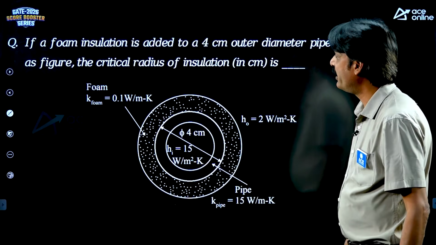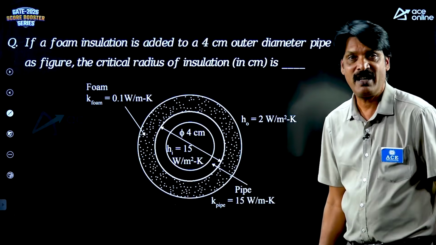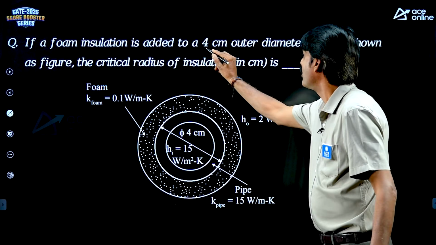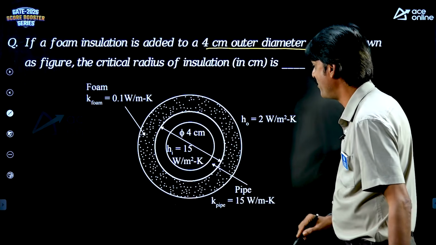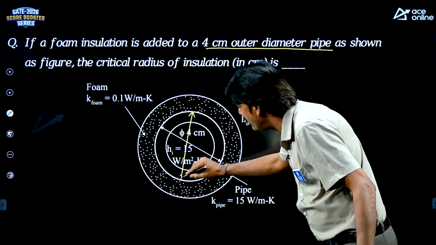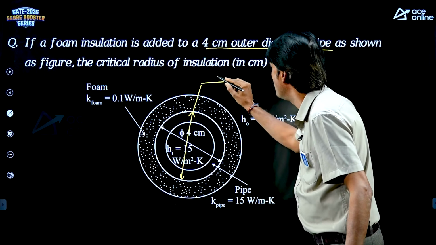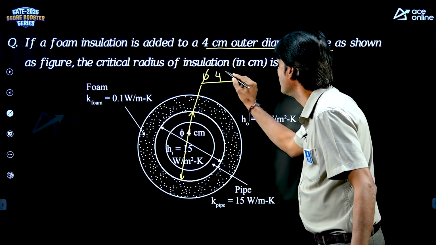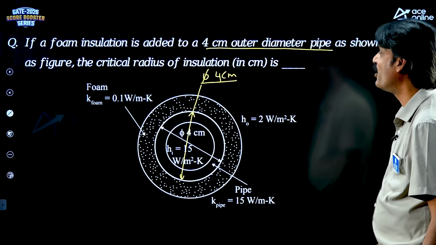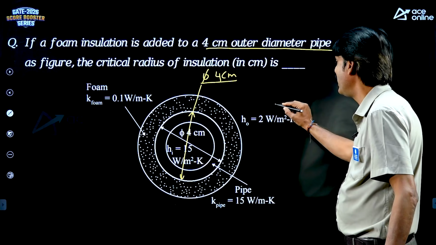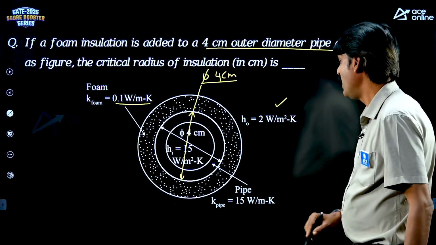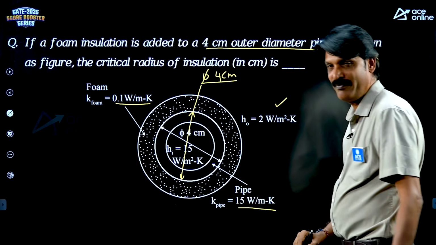My second question is like this: a foam insulation is added to a 4 centimeter outer diameter pipe, as shown in the figure. The critical radius of insulation is asked, and he has given the outside heat transfer coefficient, thermal conductivity of the foam material and thermal conductivity of the pipe.